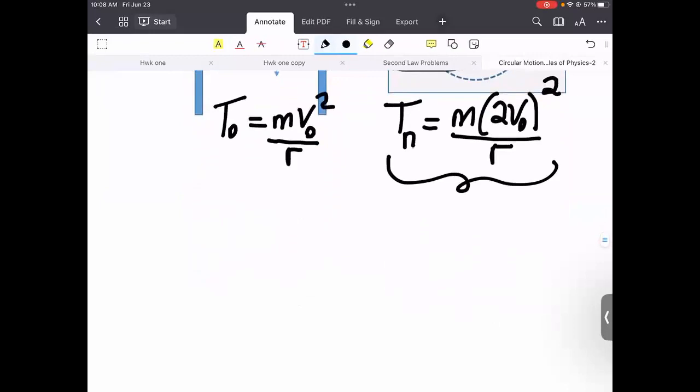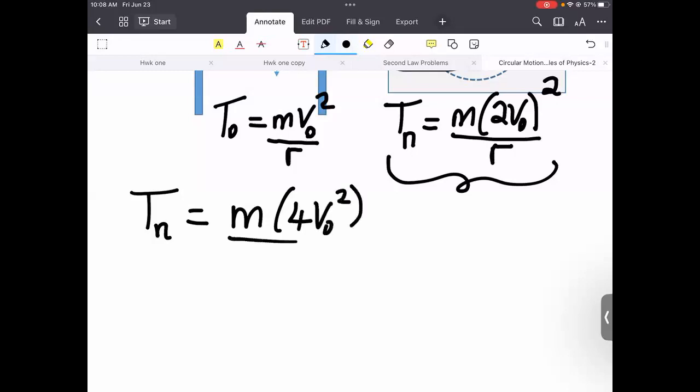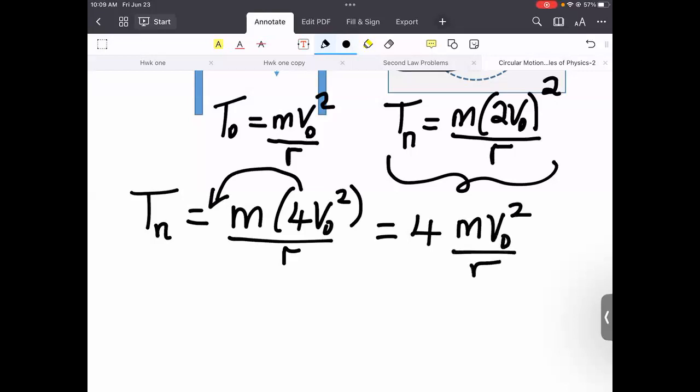Now, rewriting that, the new tension will be m. The squared part gives us 4 because 2 squared is 4, and then v naught squared will be here, divided by the radius R. I'm just multiplying parameters here, so I can shift the 4 there. That will be 4, and I'm remaining with the mass, v naught squared divided by R. So this looks like the original tension.